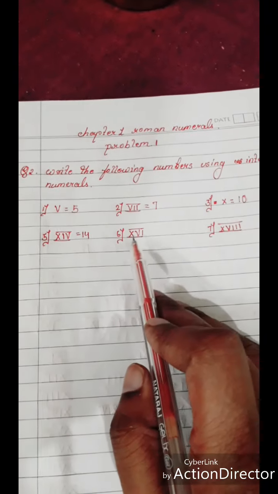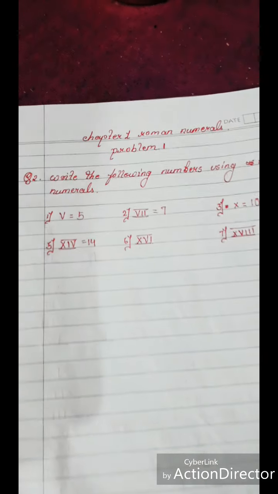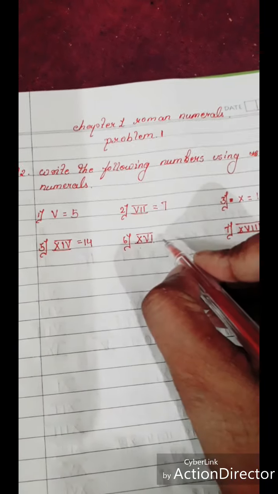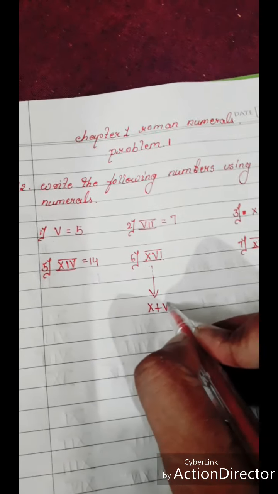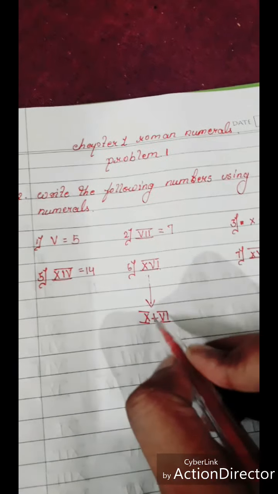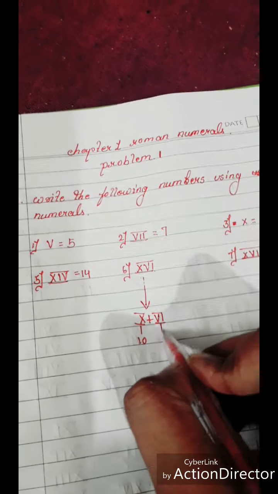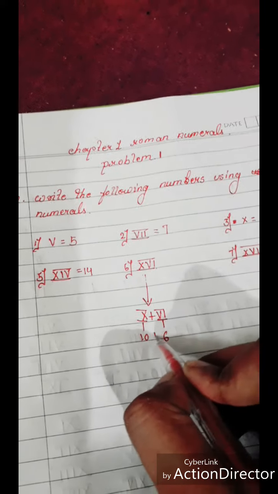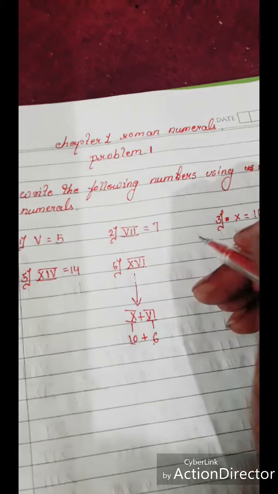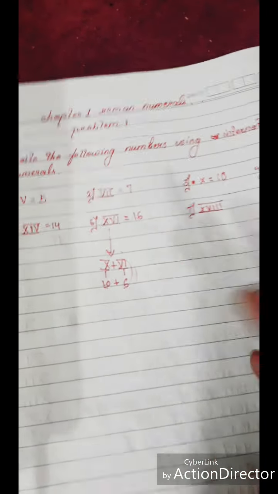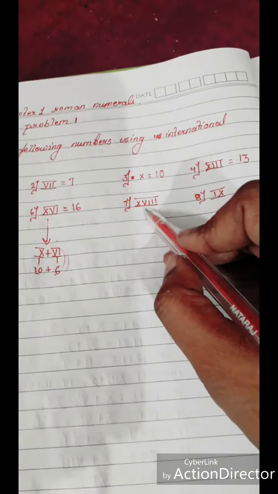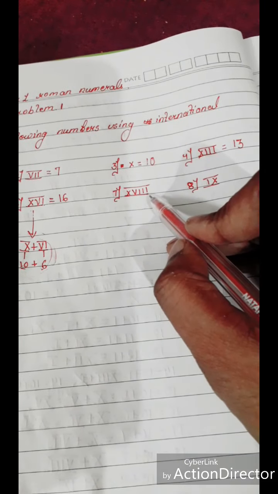Now XVI. This will become X plus VI. X means 10, VI means 6. So 10 plus 6 will become 16. Clear? No need of writing this, this is just for understanding. Now XVIII.